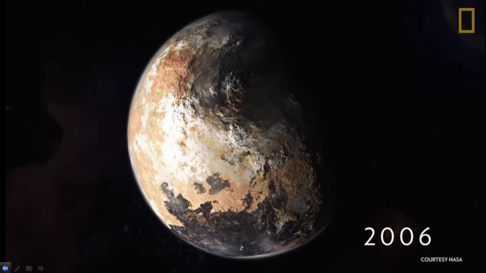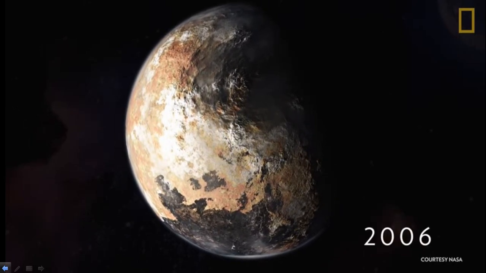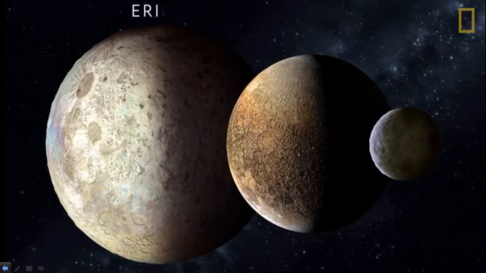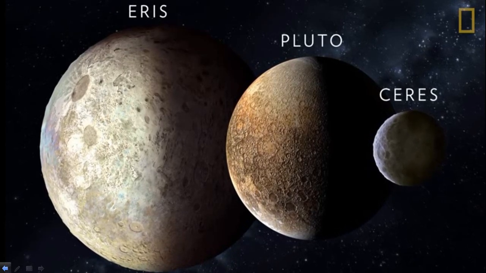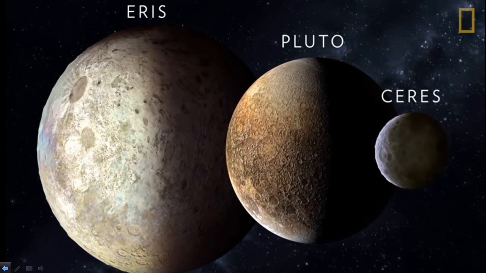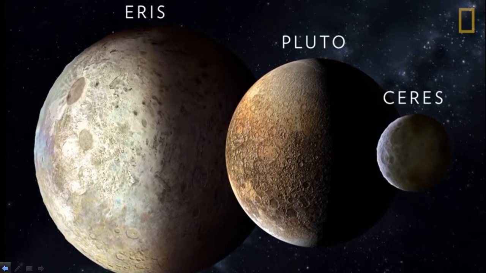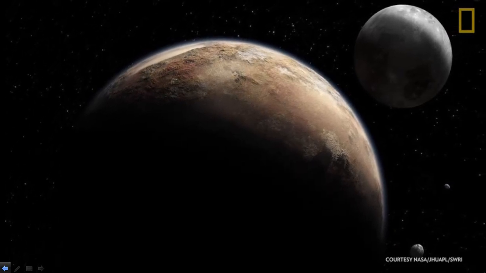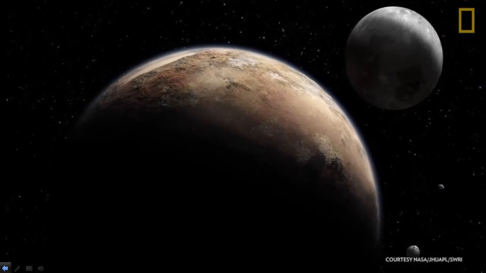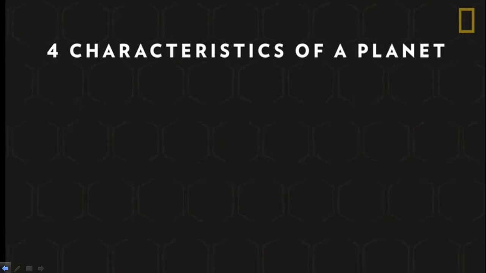But in 2006, Pluto lost this status. At the time, worlds similar to Pluto were being discovered deeper in the Kuiper Belt. This initiated close scrutiny of Pluto and the definition of a planet. The International Astronomical Union evaluated Pluto based on the characteristics necessary to be a true planet.